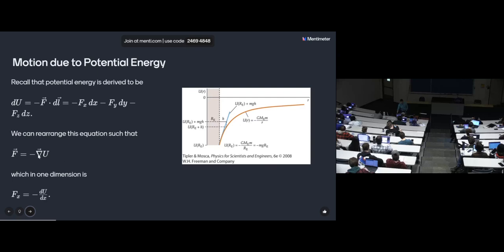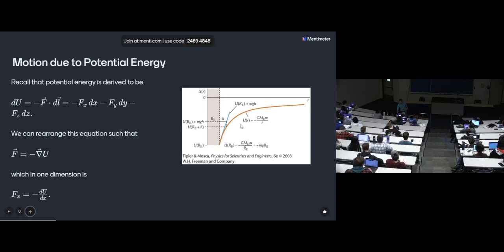That's all this does, is you have a sum that ends up looking like this term up above right here. But I want you to mostly be concerned with our one-dimensional cases where the force in the x direction is equal to minus dU/dx.